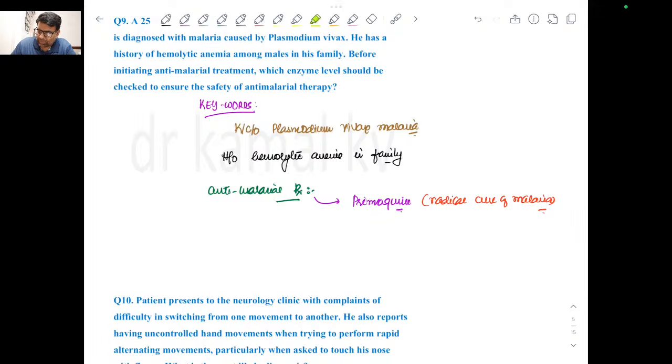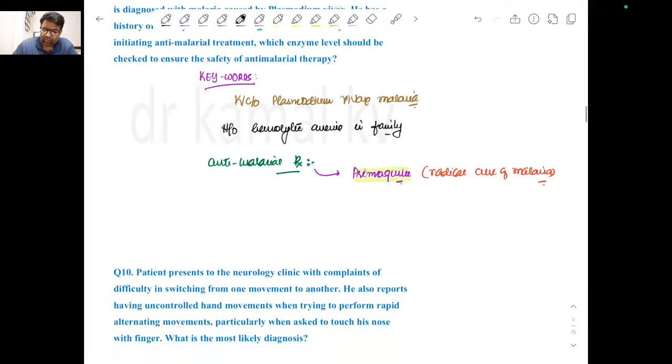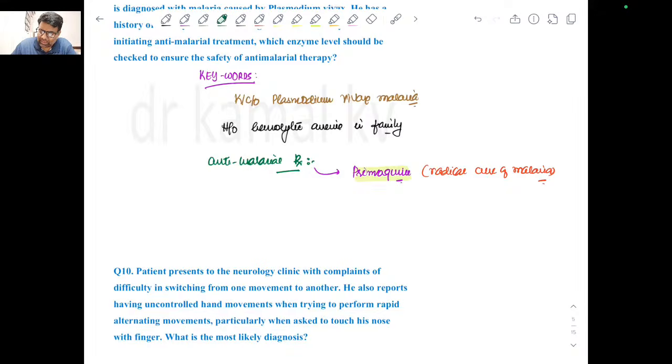So with respect to this question, the question is most likely to be talking about primaquine. Now primaquine has a tendency of causing hemolytic anemia, especially in a fellow who is having deficiency of one enzyme, that is glucose 6 phosphate dehydrogenase. That's very important to remember.